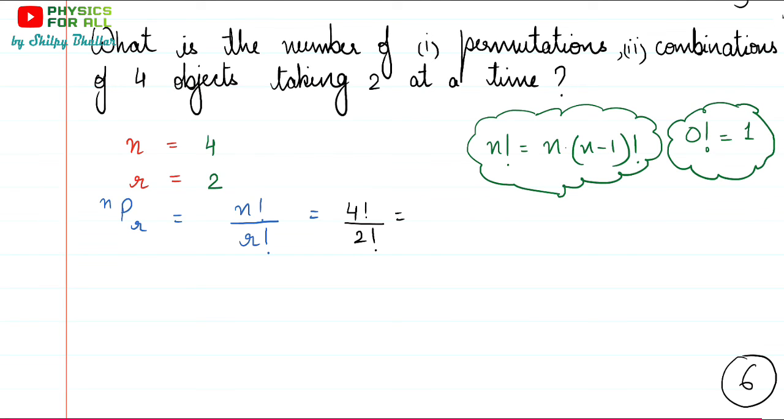So now let's see what we have. We are going to write 4 into 3 into 2 factorial, because we have 2 factorial in the denominator, and we would simply cancel it out. So we have got 12 as our answer. So 12 are the permutations.